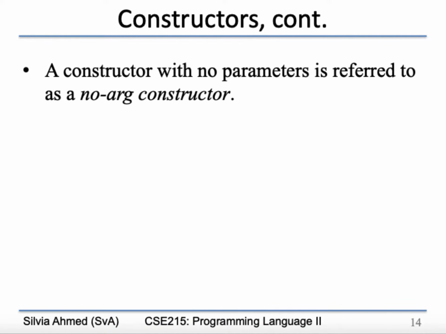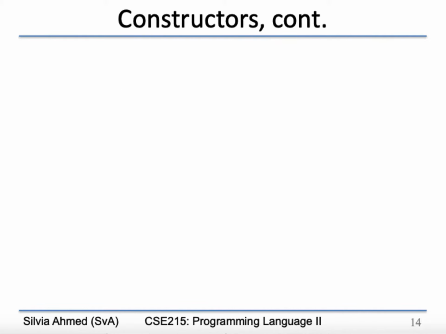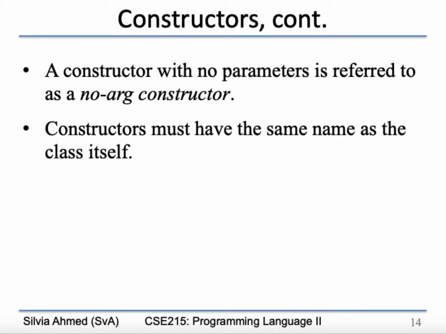A constructor with no parameters is referred to as a no-argument constructor. This is what we have seen here. There were no input parameters, so this particular constructor is called a no-argument constructor. Then, constructors must have the same name as the class itself, and this is a rule.